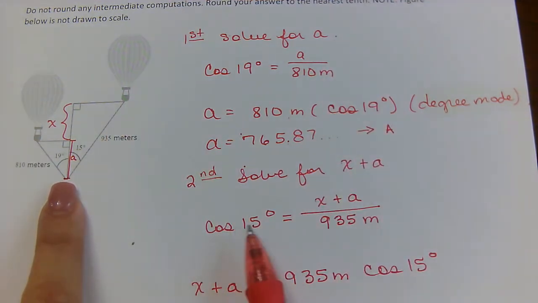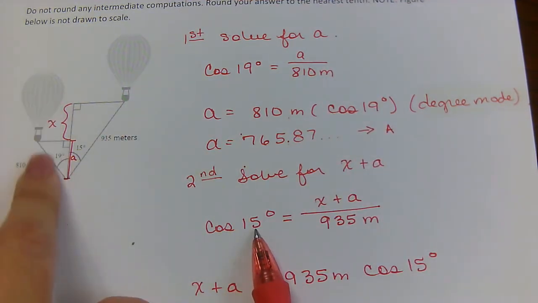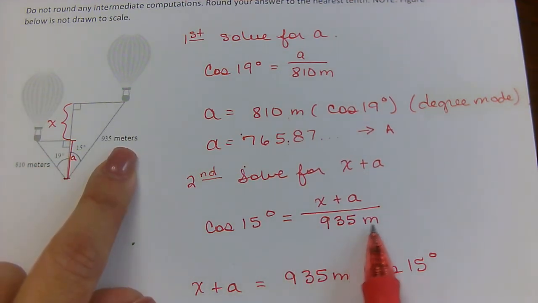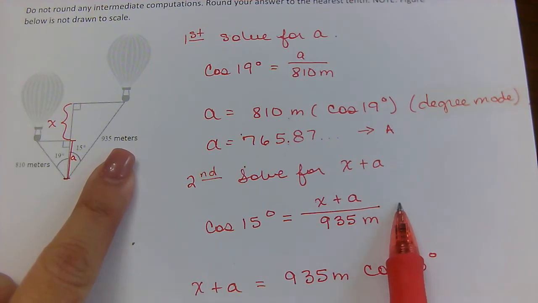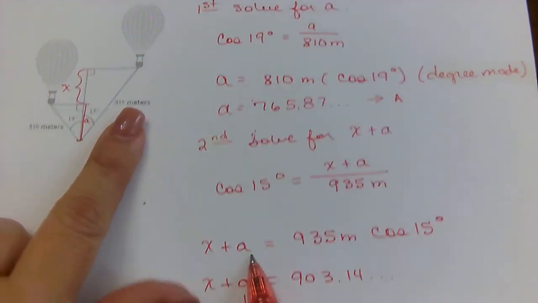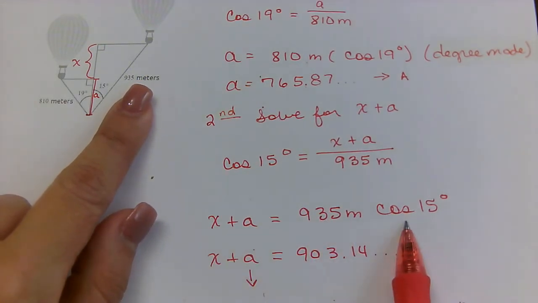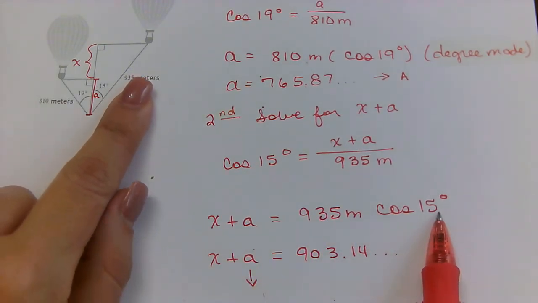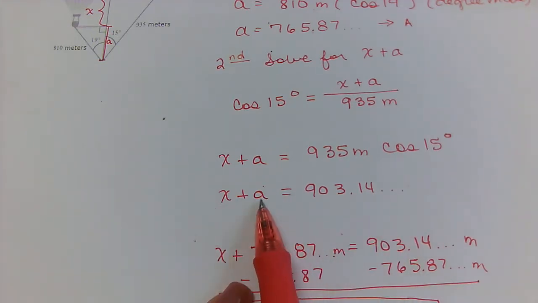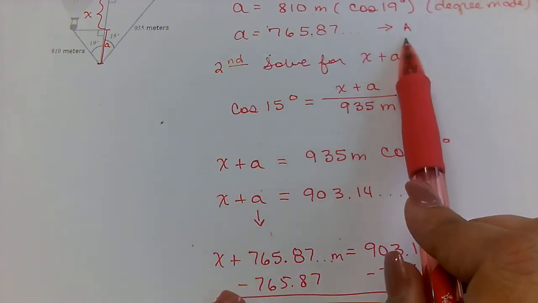So here it'll be cosine 15 degrees is equal to adjacent, that's x plus a, divided by 935 meters. Here I'm going to multiply both sides by 935, and I get x plus a equals 935 meters cosine 15 degrees. Okay, x plus a comes out to this number. A is the variable that I stored into this.